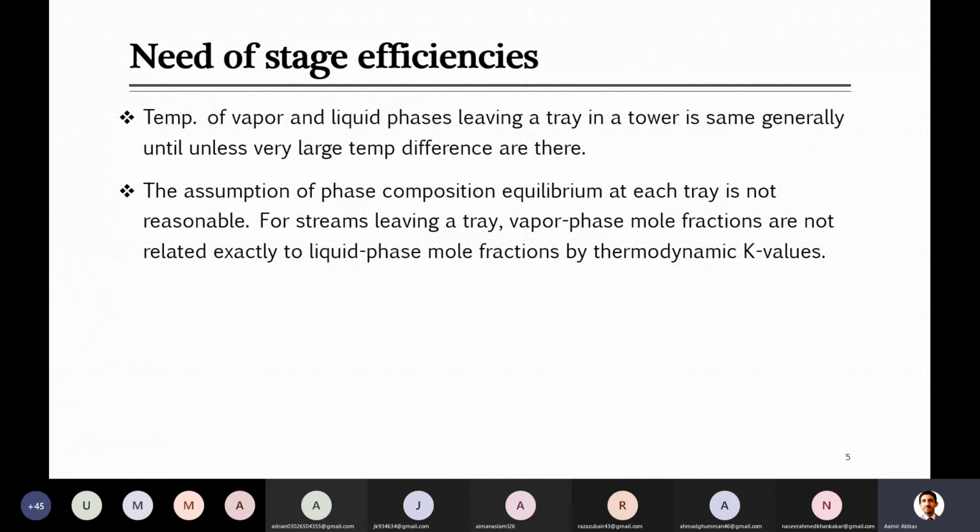But the other assumption related to this, which we have considered so far, is that when the liquid and vapor leave the tray, their phase equilibrium is also achieved. We consider that the composition of any component in the vapor stream as well as in the liquid stream, when leaving the plate, is in equilibrium, and that equilibrium has been achieved.